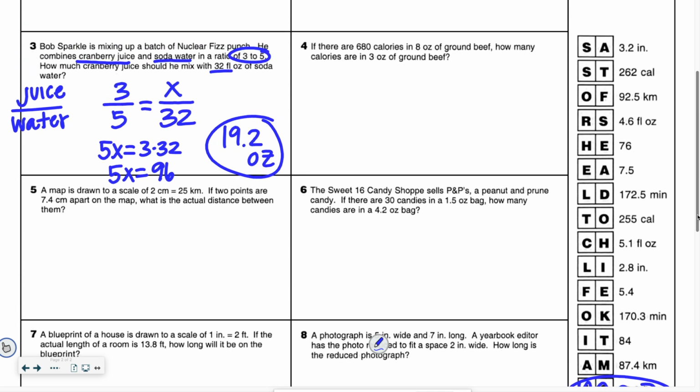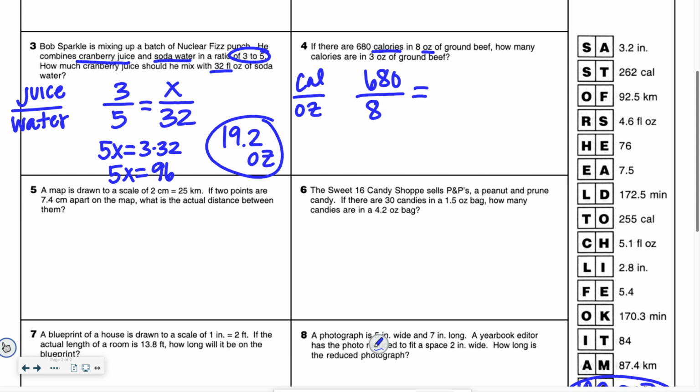Okay, let's try 4. If there are 680 calories in 8 ounces of ground beef, how many calories are in 3 ounces of ground beef? So the two things we're comparing are what? Calories and ounces. So calories over ounce. So in the first one, we have 680 calories over 8 ounces of ground beef.